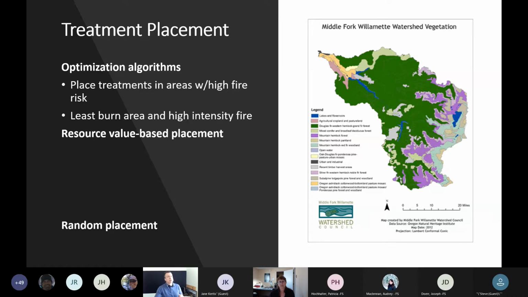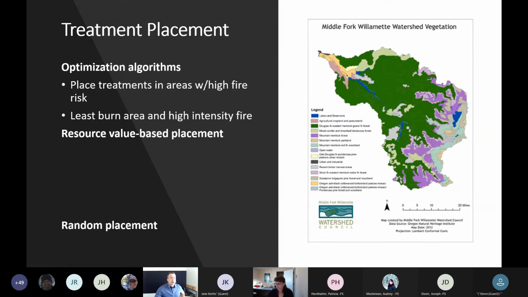And basically this research suggests what we should ideally do if we're trying to reduce that total amount of fire across the landscape is place treatments in the areas that have the highest probability of fire occurrence. So the highest probability of either ignition happening or of fire transmitting through that area because of how topography influences fire transmission pathways across the landscape.